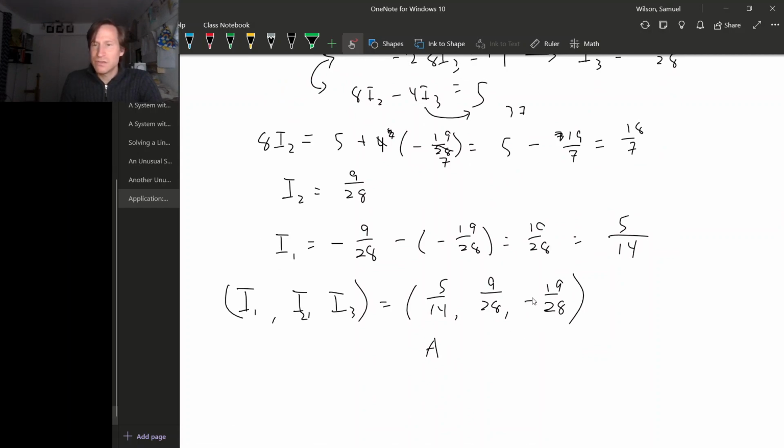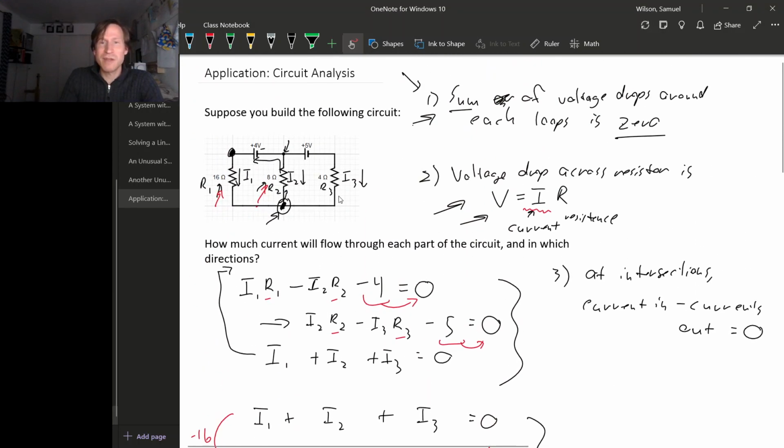Okay, so it turns out that actually one of these currents did come out to be negative, right? This one did, so that means that the current going through resistor 3, this one on the right, isn't going down, it's actually flowing up, right? So there's current flowing down here, there's current flowing down here, but current is flowing up through that resistor.